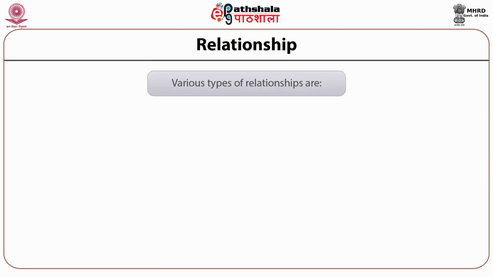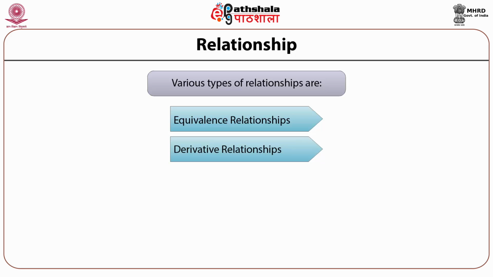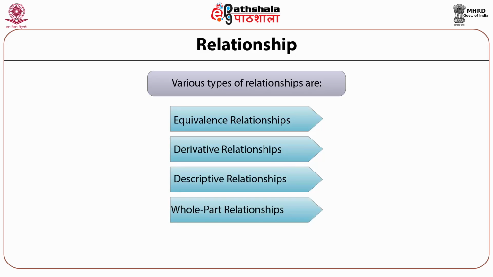There are various types of relationship. One is equivalence relationship, another is derivative relationship, third is descriptive relationship, then whole-part relationship. Now, another important factor is users, because the users are the targets of anything we are doing in the cataloging field.